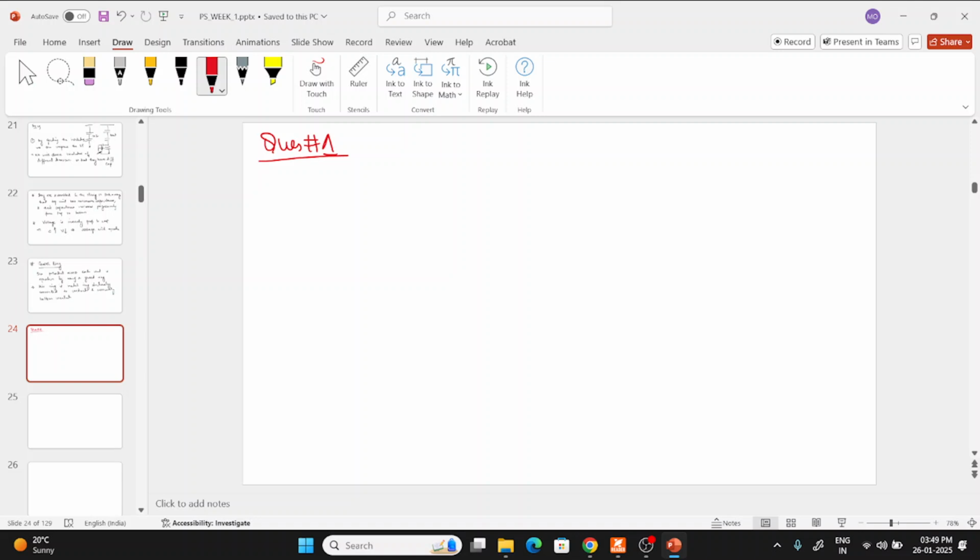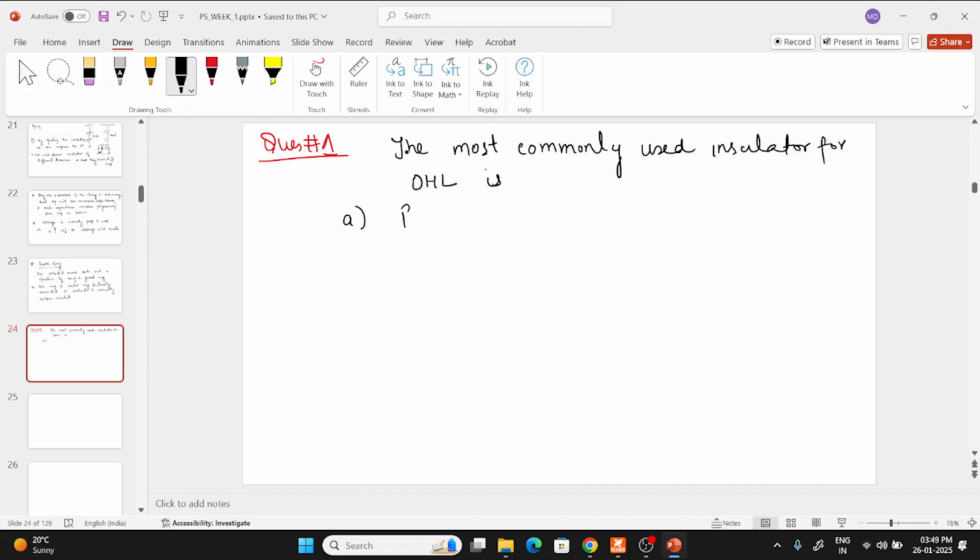So let's move on towards the first question. The most commonly used insulator for overhead line is: A, porcelain, B, glass, C, stearite, D, none of these.